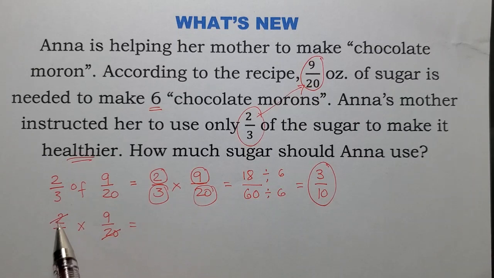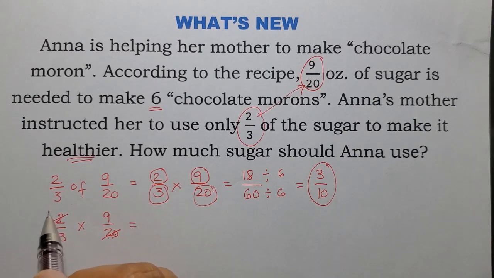So for example, the 2 here and the 20 here, even though this 2 here is the numerator of 2/3 and 20 here is the denominator of 9/20th, this one is a numerator and the other one is a denominator, so we could still cancel. So both 2 and 20 are divisible by 2, so you could cancel them by dividing both by 2.